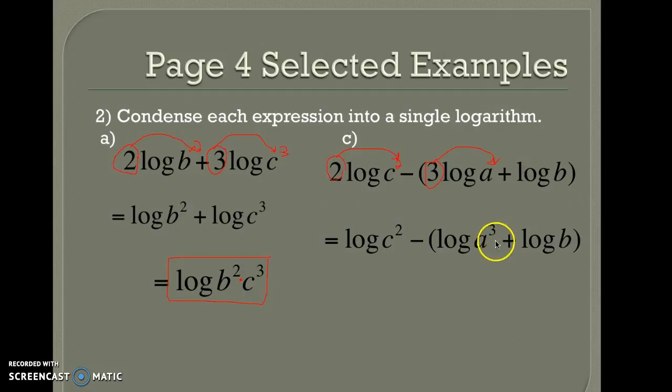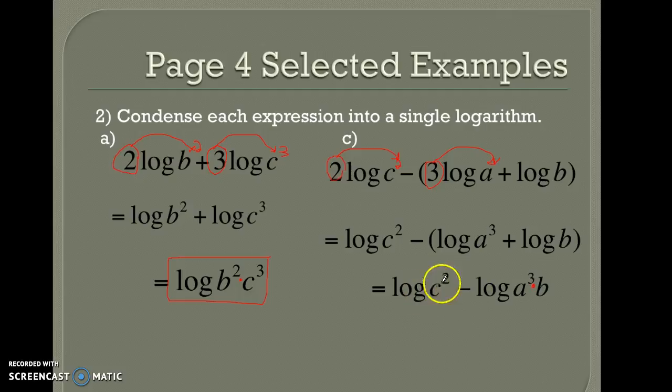Now we'll work in the parentheses. We have a sum of 2 logs. So we know we can condense those using the product property. We'll condense those into log of a cubed times b. So what we did here is, here we added the 2 logs and we can combine them using the product of a cubed and b, and then we left the log of c squared and the subtraction alone.